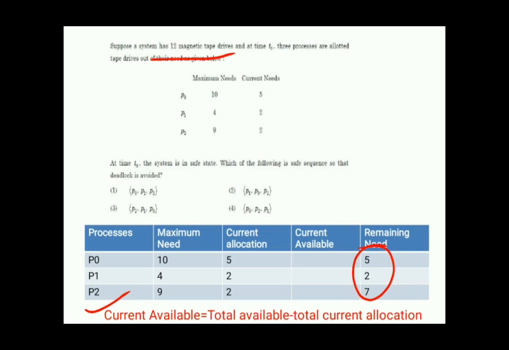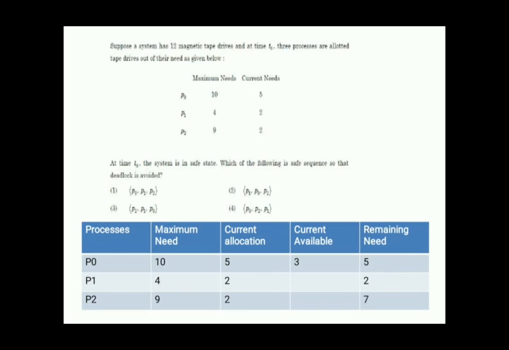Total current allocation is the sum of these numbers: 5 plus 2 plus 2, that is 9. So the current available is equal to 12 minus 9, which is equal to 3.